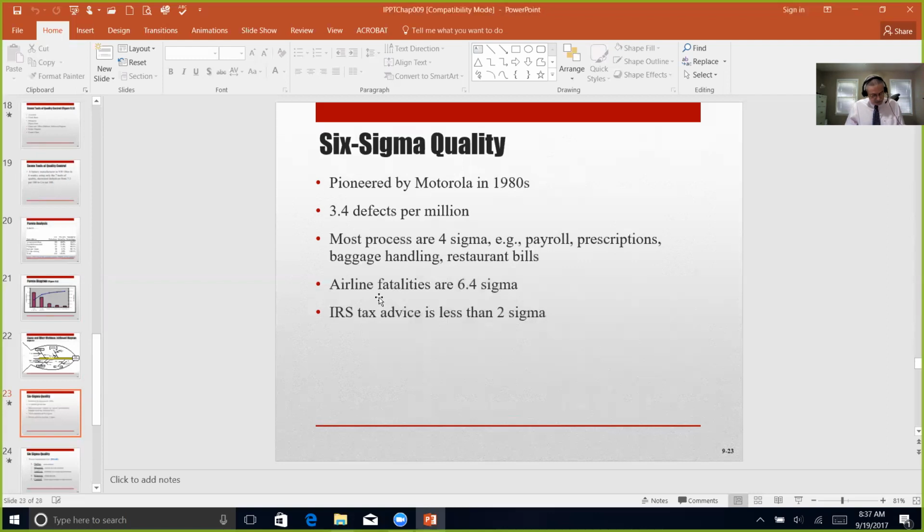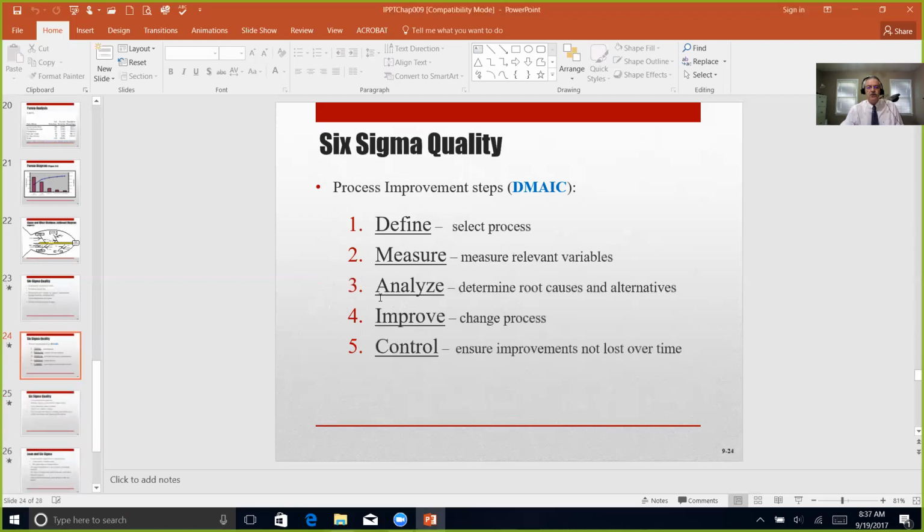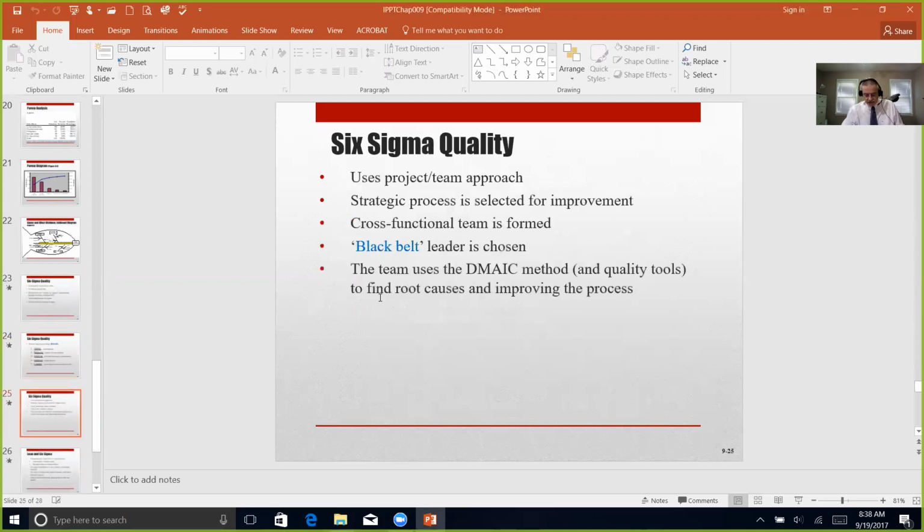But Six Sigma is a systematic method for process improvement that uses the 5-step acronym of DMAIC, as you can see: define, measure, analyze, improve, and control. The process steps of DMAIC, as we see here at the bottom of page 204. Six Sigma quality uses a team approach.